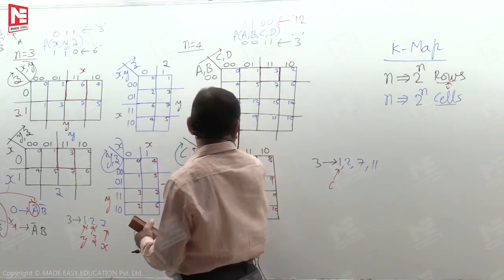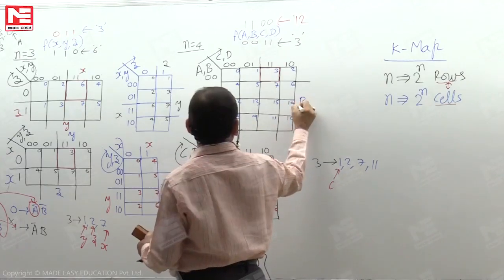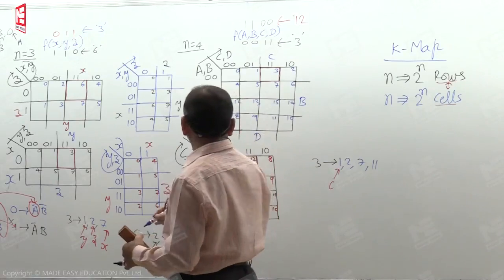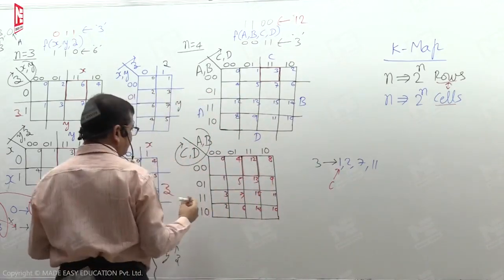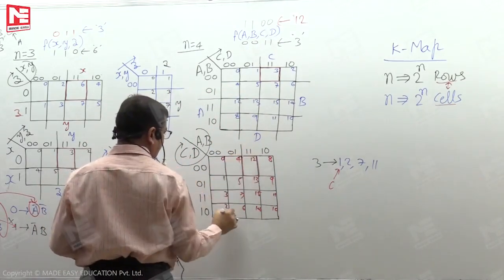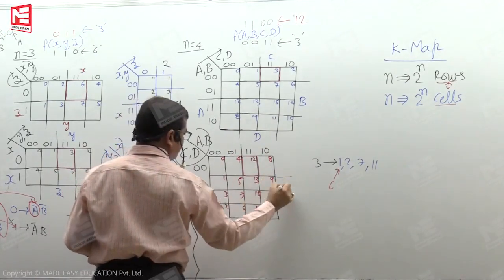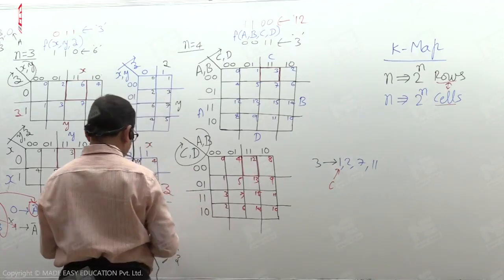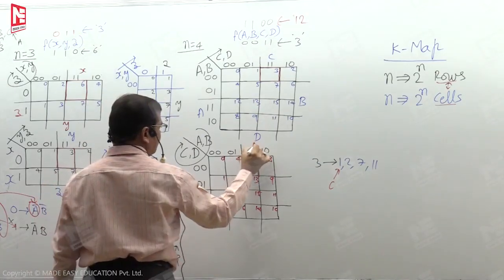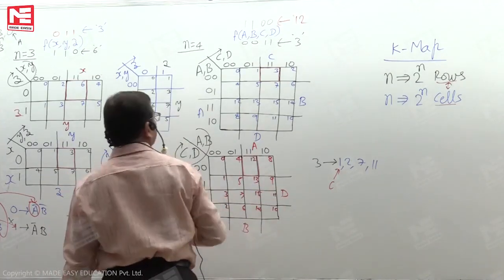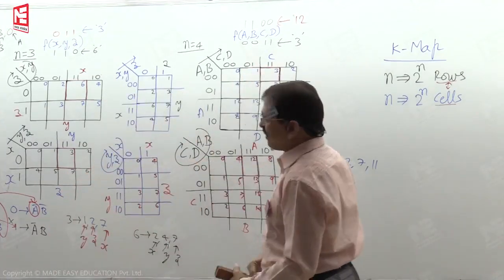this is A, this is B, this is C, this is D. Coming to this, A, B, C, D. So what I said, cell 1 and cell 3 we are comparing.